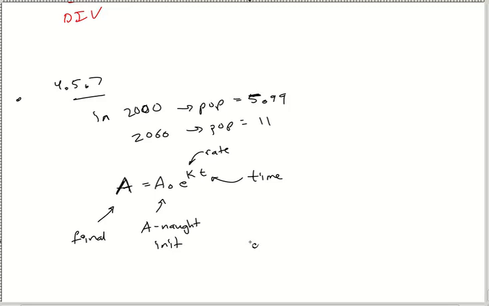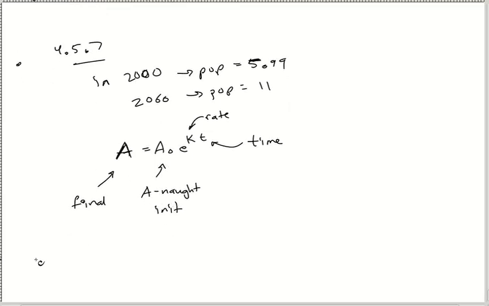I think what they're wanting here is... what are they wanting? Oh, they actually want the model. They want you to write this model as the answer to part A. Okay, well, let me tell you to start with here. This is your A naught. That's your initial population. It's what we're starting with. So that's super easy.